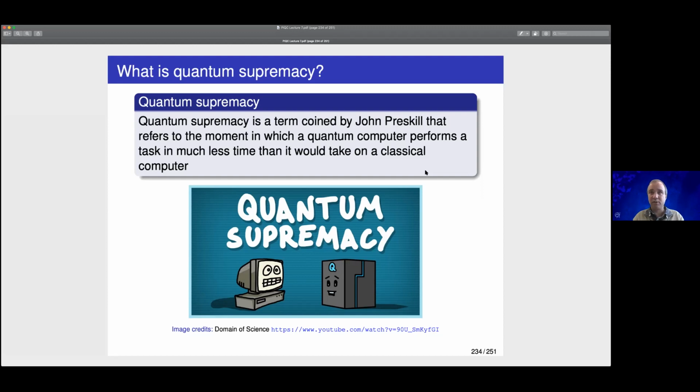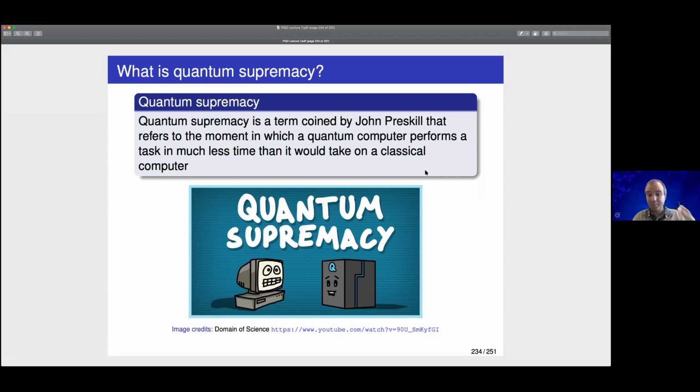a 10,000 digit integer. The problem with that is that Shor's algorithm requires quantum error correction, and we are not at that moment yet, because as you have seen, for instance, with these surface codes, some of the proposals need up to 1,000 physical qubits per logical qubit in order to have a logical qubit that is protected against any kind of errors.